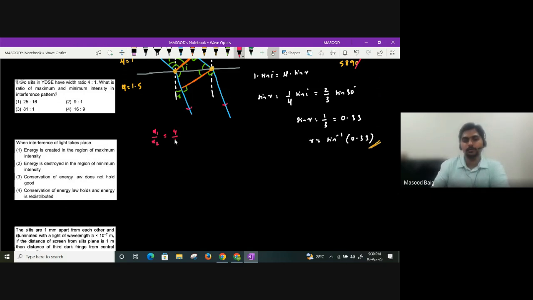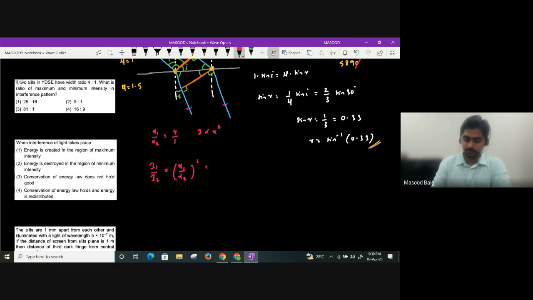Basically, intensity will be proportional to width square, guys. So we can write I1 divided by I2 will be equal to x1 divided by x2 whole square.